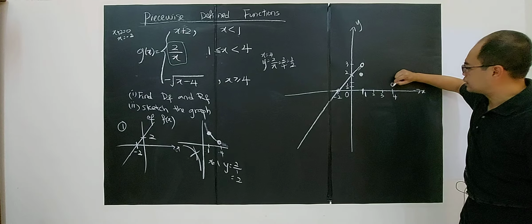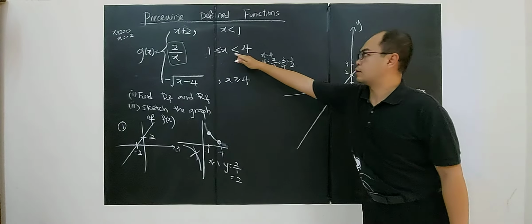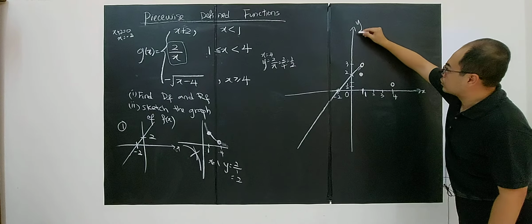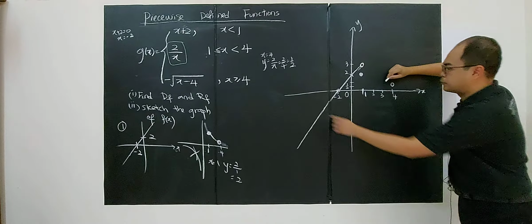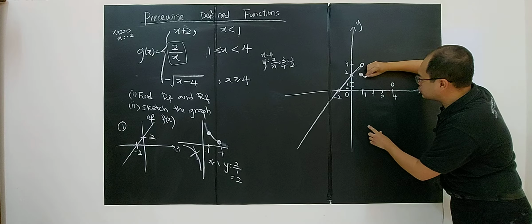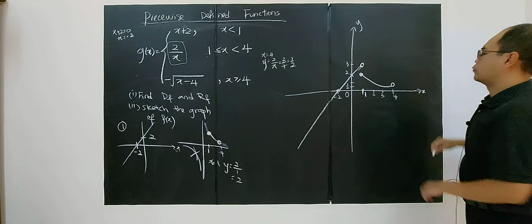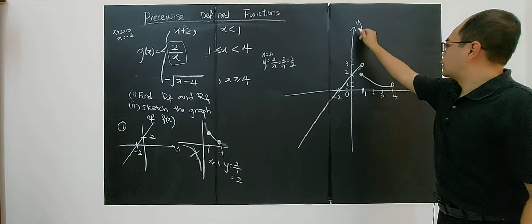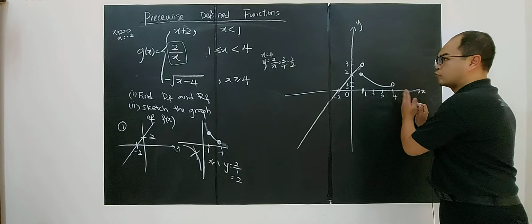I put an empty circle because there is no equal sign here. The graph is supposed to be reciprocal, supposed to be this way, but there's only one part of it, which is this part, from 1 up to 4.